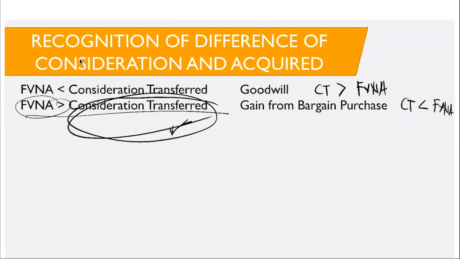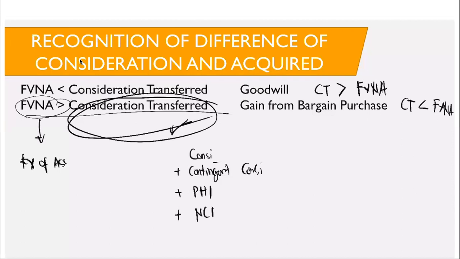What are the items again? Consideration transferred is composed of your consideration itself plus contingent consideration plus your previously held interest plus your non-controlling interest. FVNA, you just need to get for the fair value of assets of the acquiree less the fair value of liabilities of the acquiree.